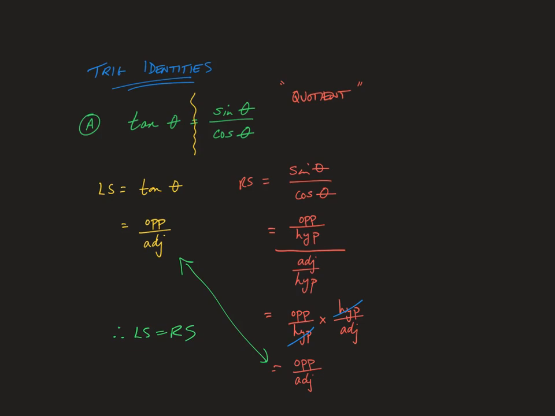So I know that tan of theta equals sine of theta over cos of theta, or tan equals sine over cos. And that becomes the first tool that I need to have memorized. I need to know that cold to be able to help me work my way through proving other identities.